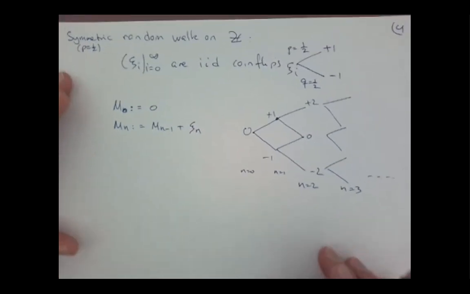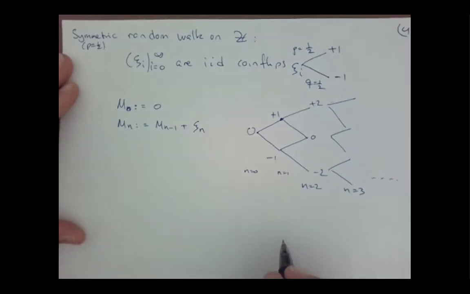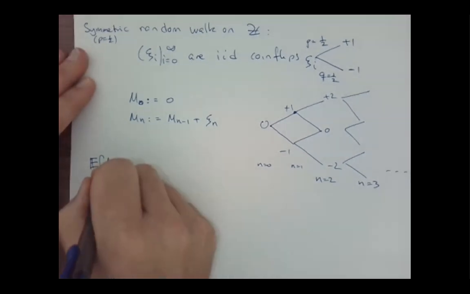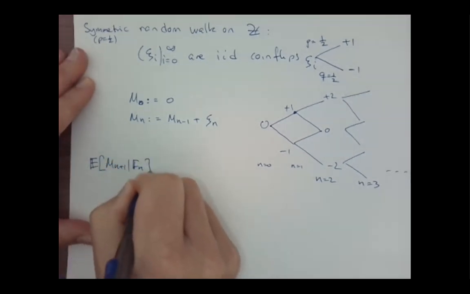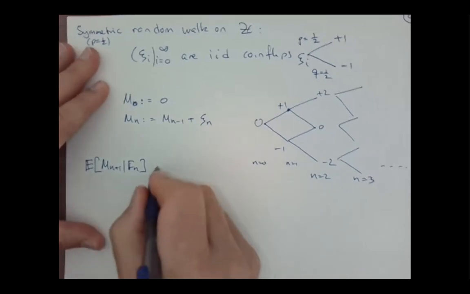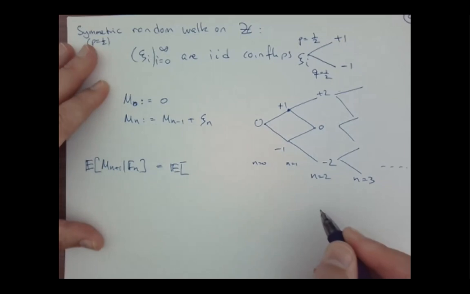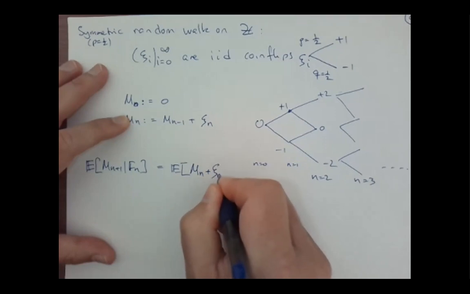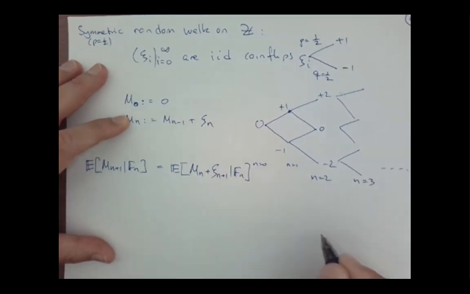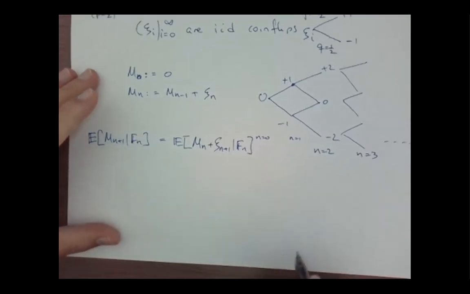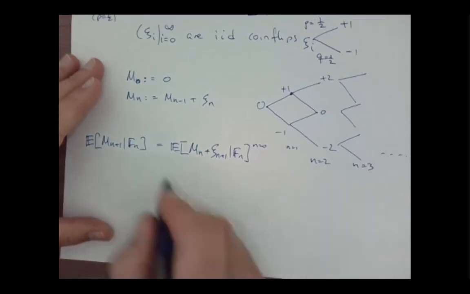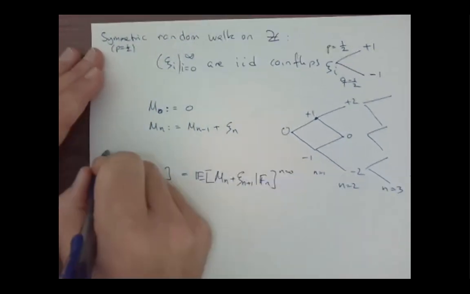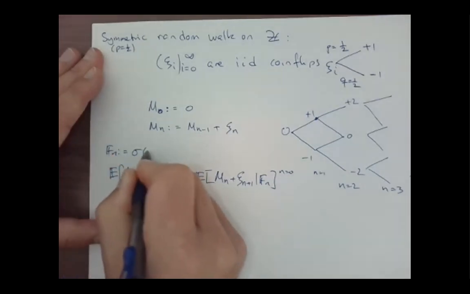We should feel comfortable at this point knowing that M here is a martingale. It's a martingale because if I look at Mn plus 1 given Fn, I can write this as an expectation of Mn plus the coin flip. This is something that we did quite a bit around the midterm. We will use here that Mn is measurable with respect to Fn. My Fn here is going to be the coin flips.